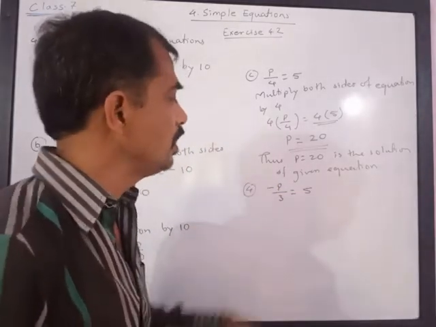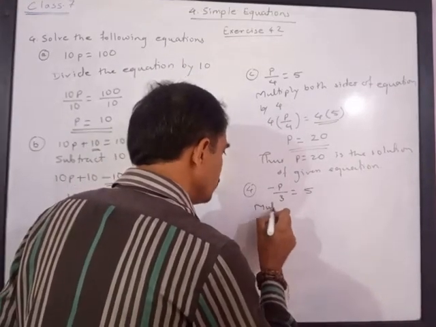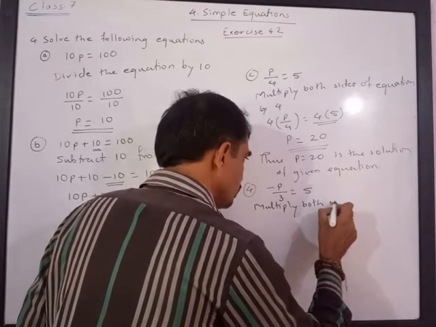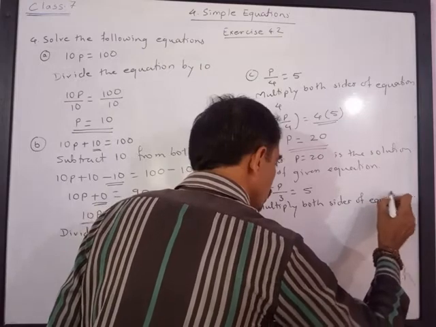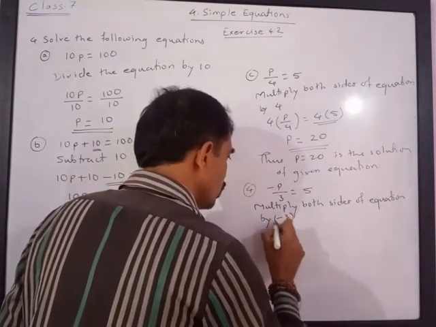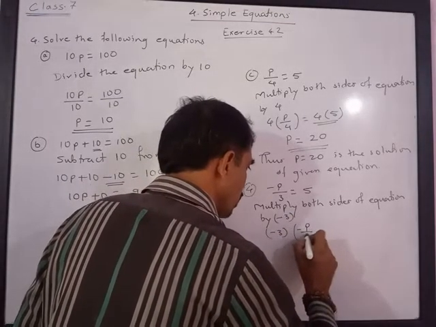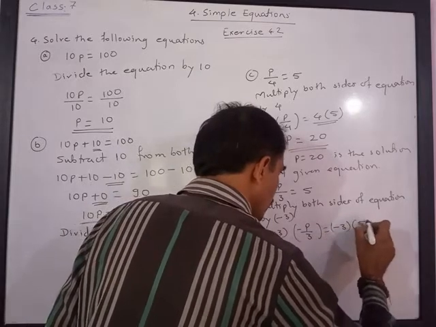So in order to eliminate, I will multiply both sides of the equation by negative 3. We will get negative 3 multiplied by negative p upon 3 is equal to negative 3 multiplied by 5.